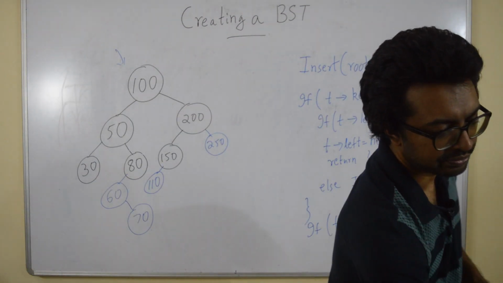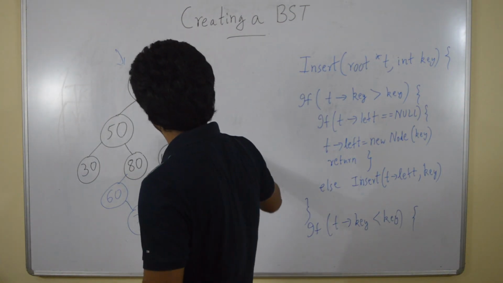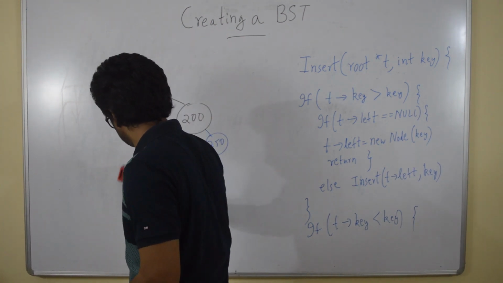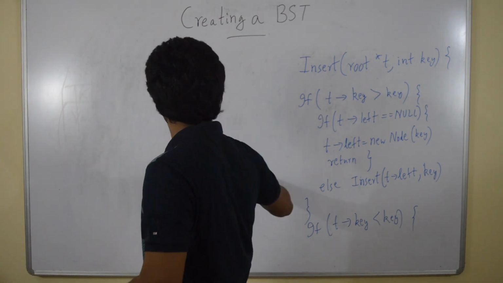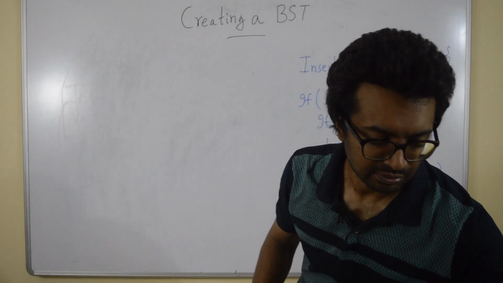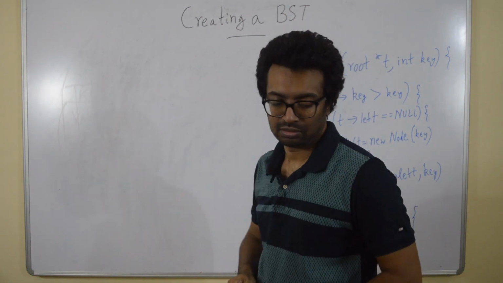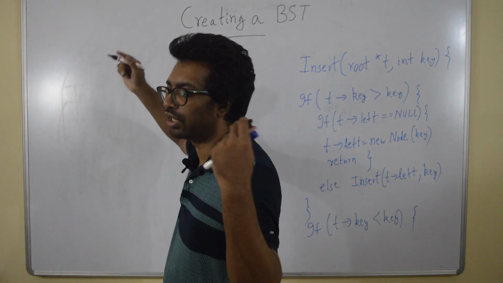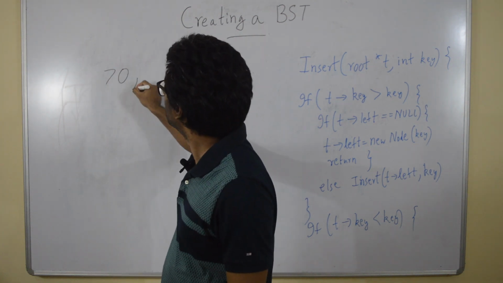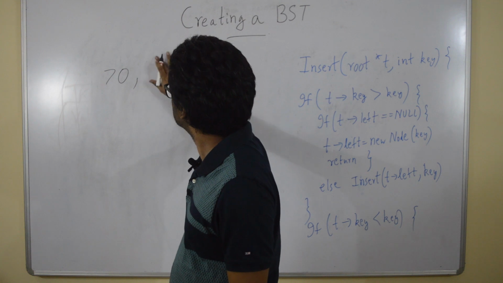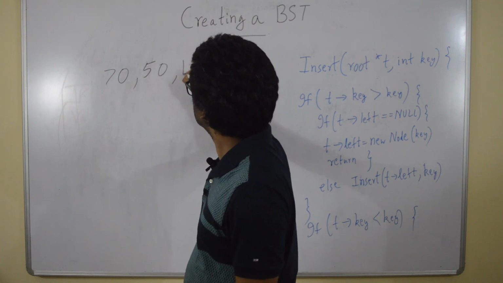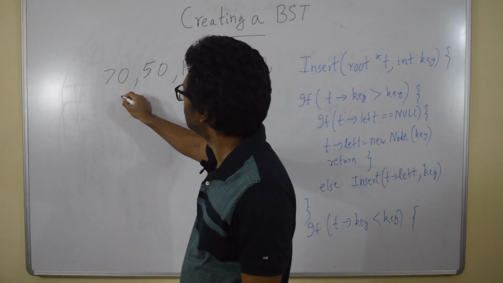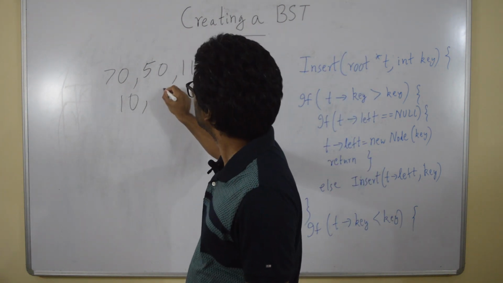Okay, so the numbers are, I'm just going to randomly write some numbers: 70, 50, 110, 80, 30, 10, 90.